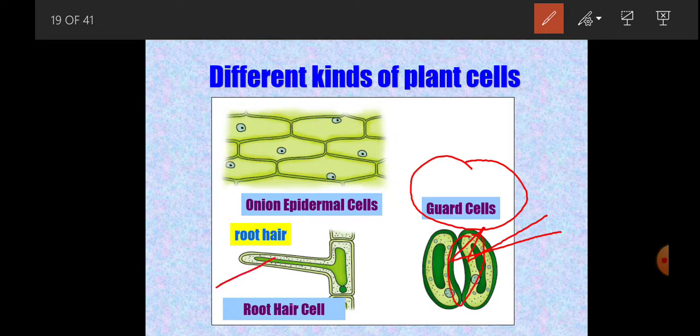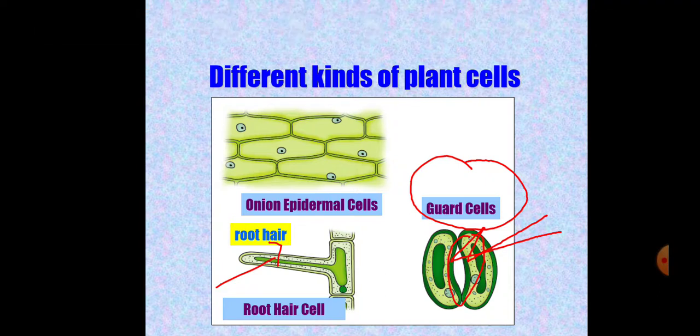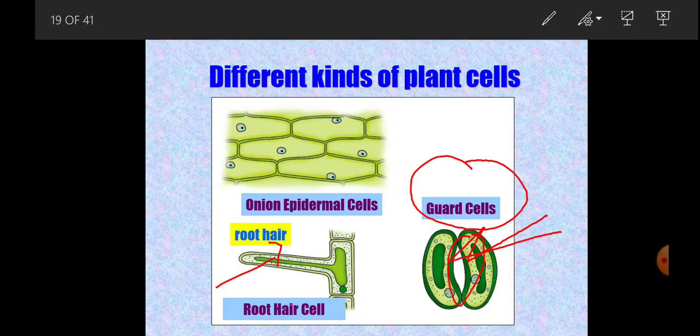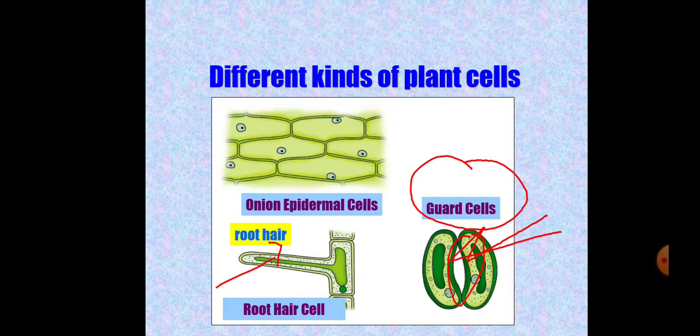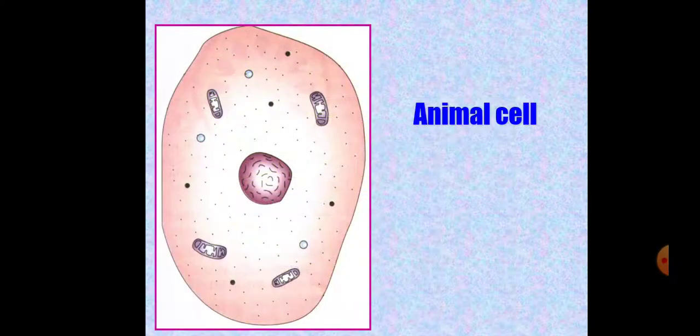Then you have the root hair. If you pull up a root, you are able to see some thin filament-like structures. We also have others which are very thin that you cannot see with the naked eye, and they are called root hair. Their work is to absorb water and mineral salts for the plant.